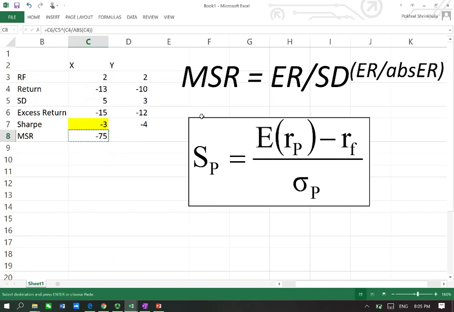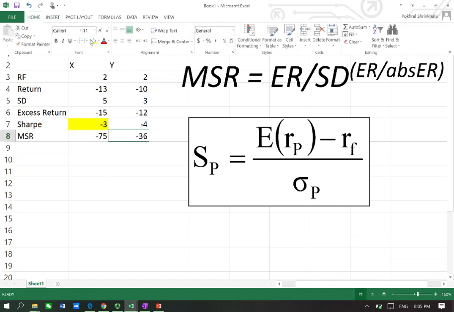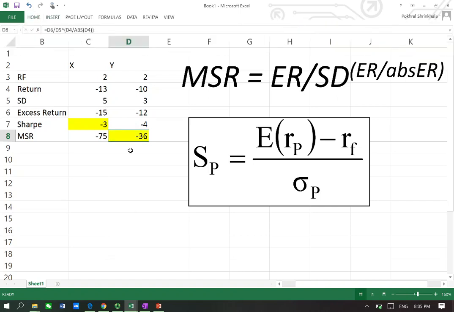If we do the same for fund Y, we get minus 36. Again, the rule is the same, higher is better. Since both are negative, 36 is lower in magnitude, hence better. So as given by the modified Sharpe ratio, fund Y is performing better.